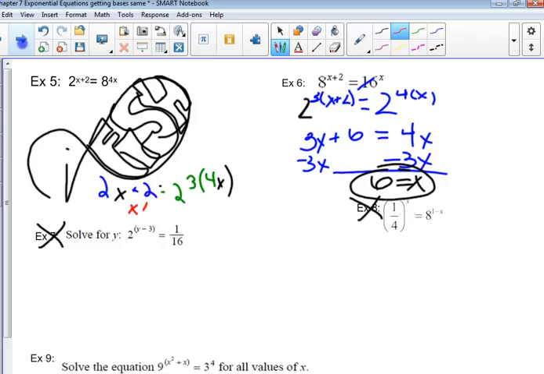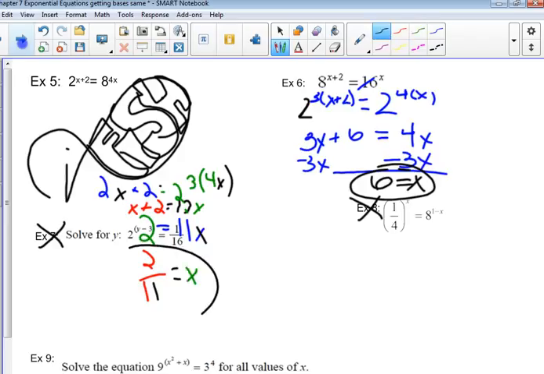But if you have the same thing on the bottom, you're going to put the exponents equal to each other. So it's equal. So here you got 3 times that. Okay, good.